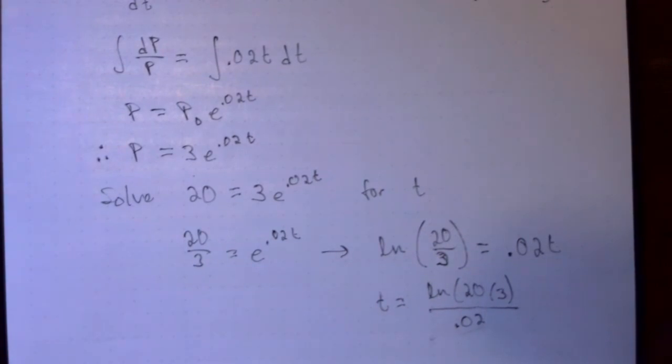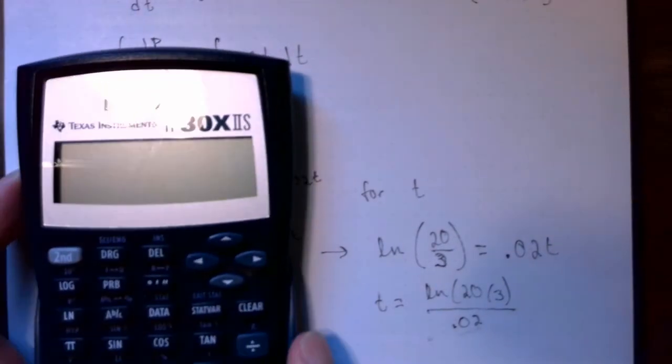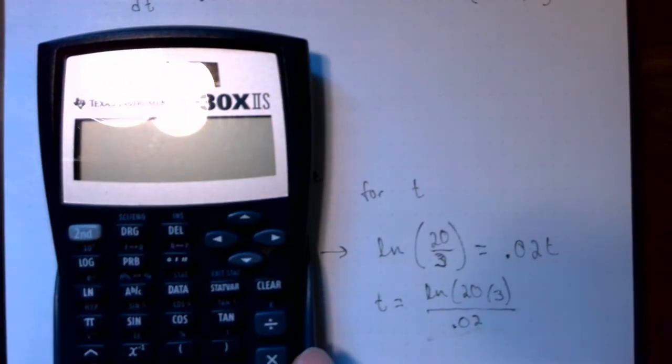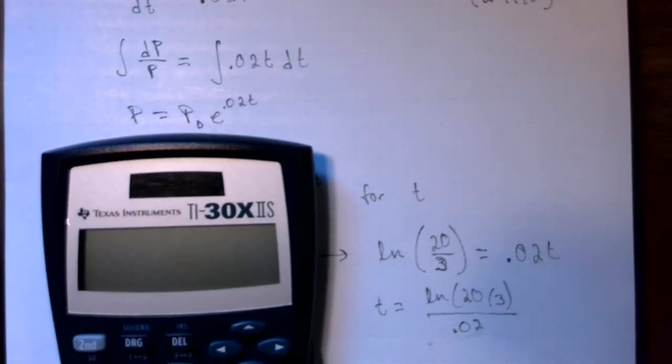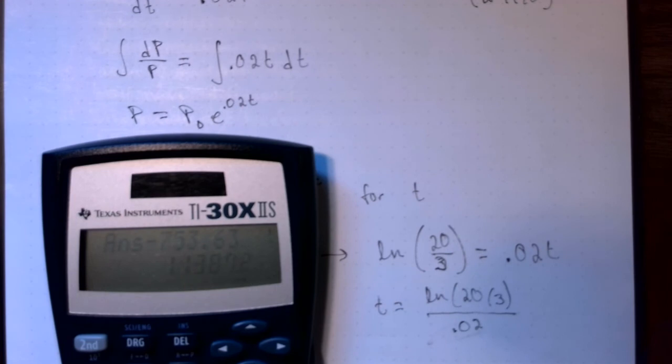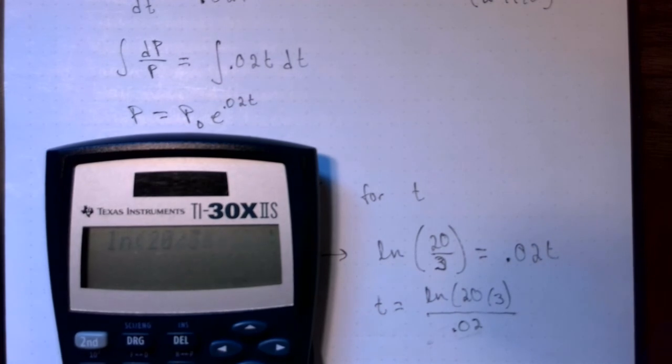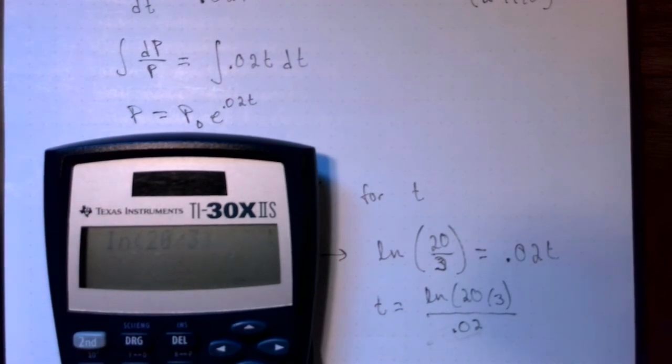Okay, so at this stage, I'll need to get out my calculator and calculate. There's some glare. Okay, so ln of 20 over 3, compute that, and then divide the answer by 0.02.